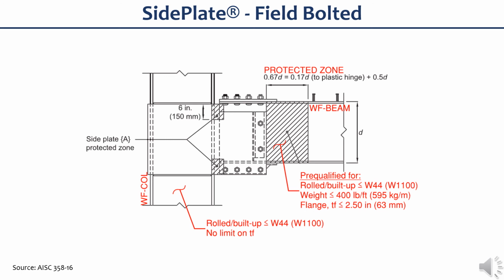However, the weight and flange thickness are not limited. In this case, the protected zone includes the beam area from the vertical edge of the side plate to a distance equal to 67% of the depth that is away from the column flange.